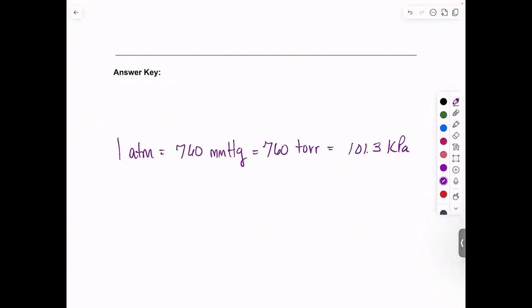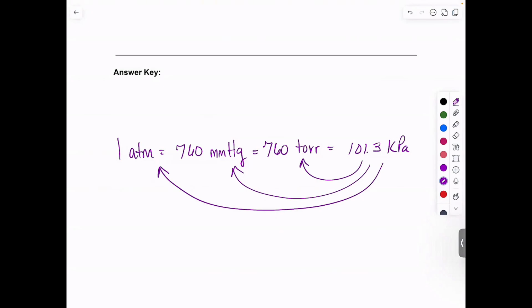And that is equivalent to 760 torr. And finally, we have 101.3 kilopascals, okay? So torr is short for Torricelli. He was an Italian scientist. Pascal was a French scientist, so these units are honoring those scientists, and they're all equal to each other. So I could convert kilopascals to torr. I could do kilopascals to millimeters of mercury.